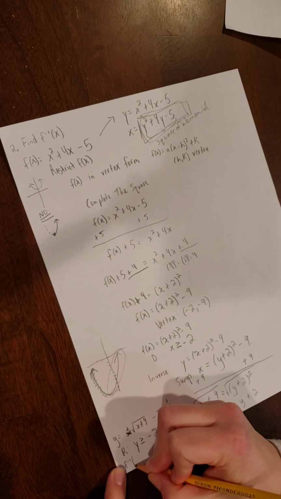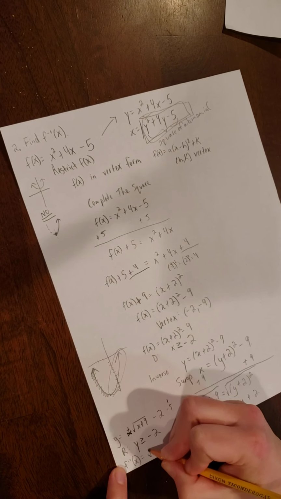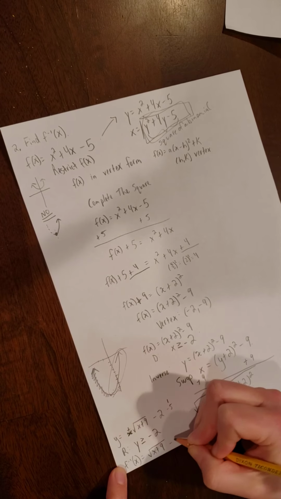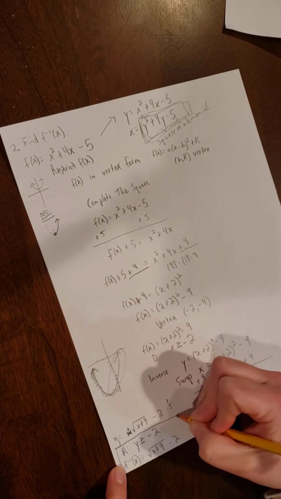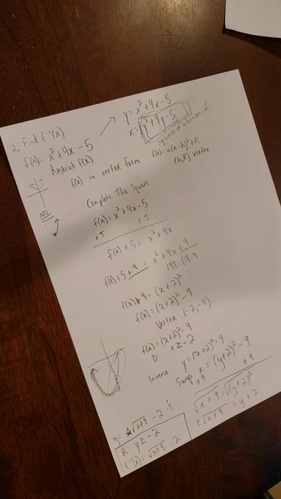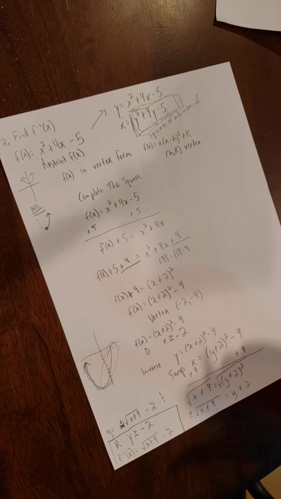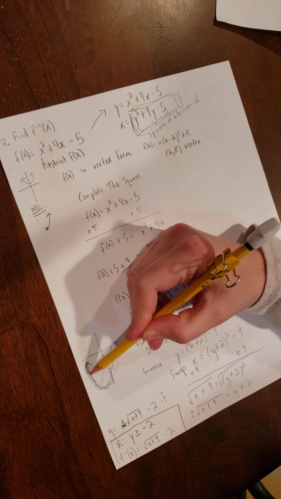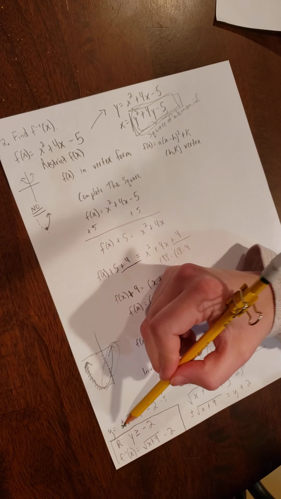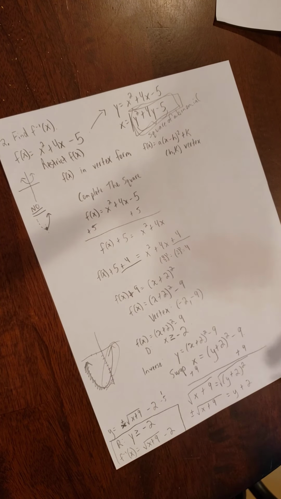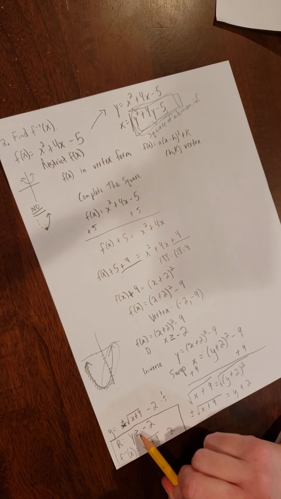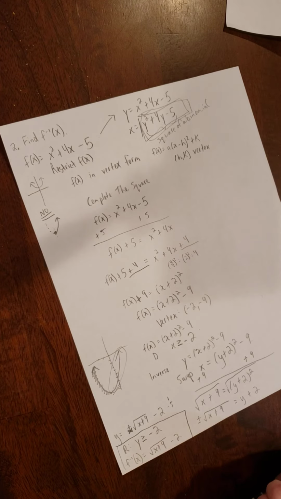So the inverse is just the positive square root of x plus 9 minus 2, where the range is y is greater than or equal to negative 2. Now, if you chose the left-hand side, x is less than or equal to negative 2, you would have crossed out the plus and kept the negative, because your range would be y is less than or equal to negative 2.